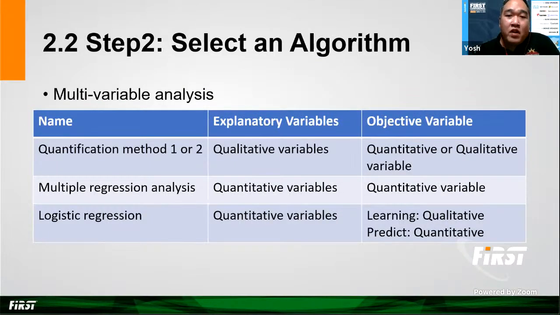In supervised learning, we choose to predict a single variable from multiple variables, called multivariable analysis. Select the appropriate algorithm by applying it to the type of data we have just organized.